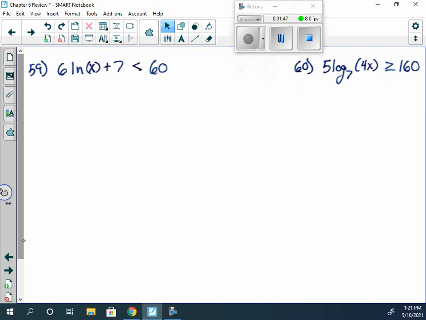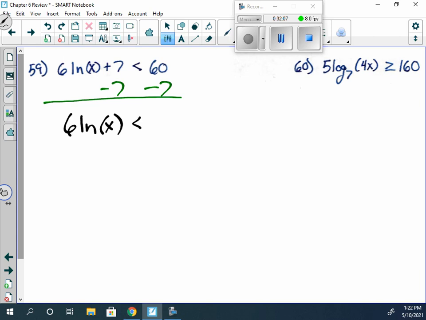59. Well, the first thing we want to do is get the natural log by itself. So what's the first thing we can do? I want to do the subtraction first before I do any multiplication or division.